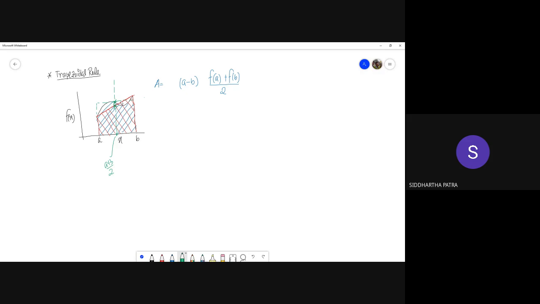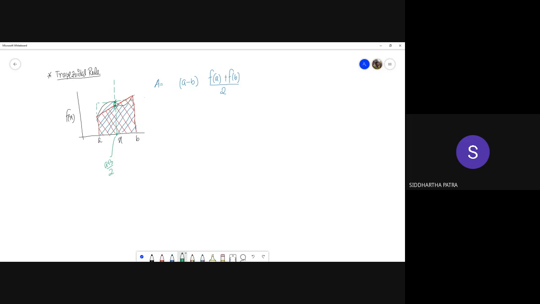So the two methods are equally effective, although it might look like in the trapezoidal rule we are taking a linear representation and thereby doing some improvement, but that's not the case. Either method gives about the same accuracy. Okay, and also if you compare the amount of function evaluation, that is also the same.